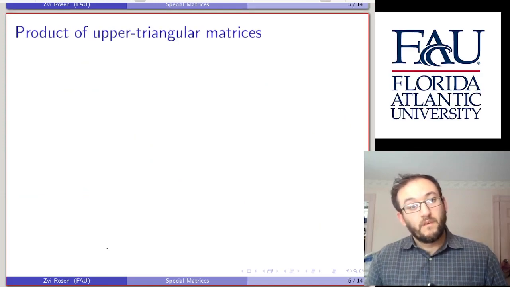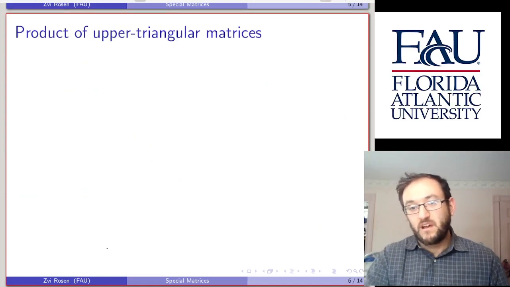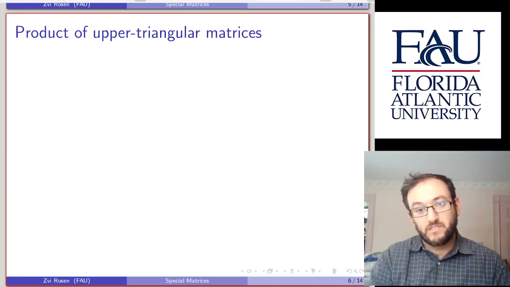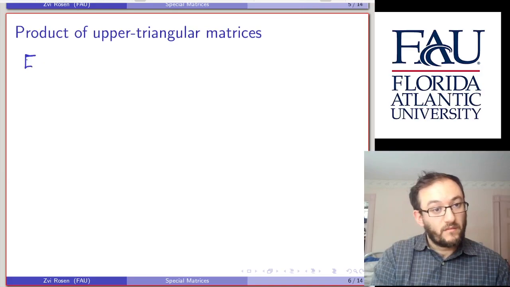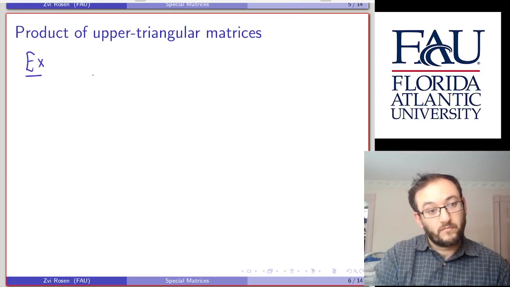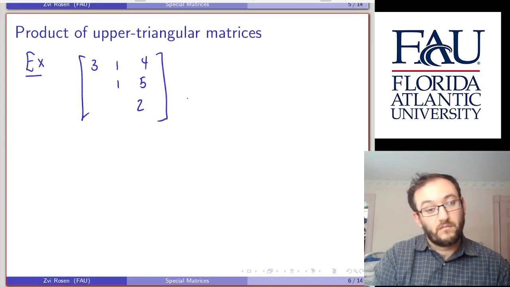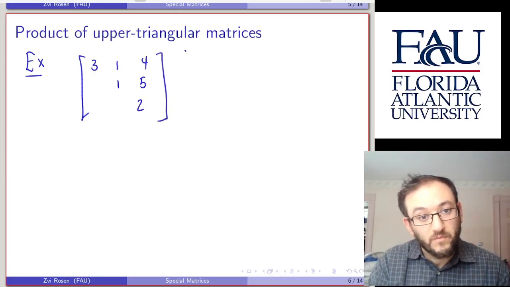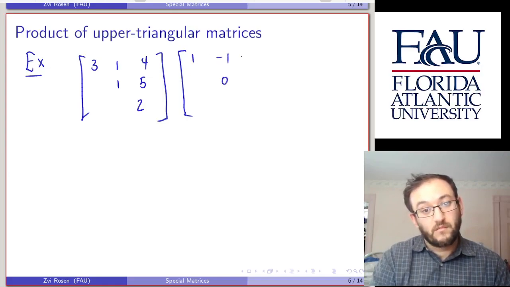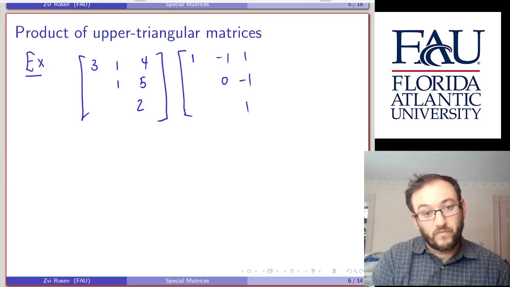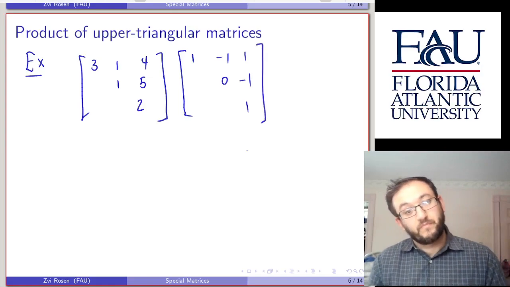Okay. So let's think about what a product of two upper triangular matrices looks like, and we'll do an example here. And let's multiply that by this matrix.